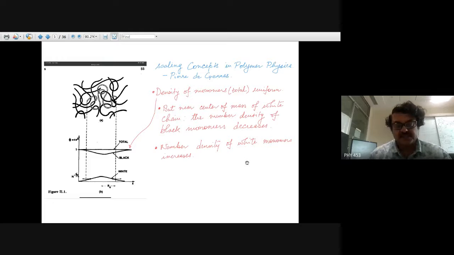The other thing which I want to discuss just as an introduction before we go on to more details is, by the way, I haven't proven that it's a melt, because it is calculated that a polymer chain in a melt is a Gaussian ideal chain.